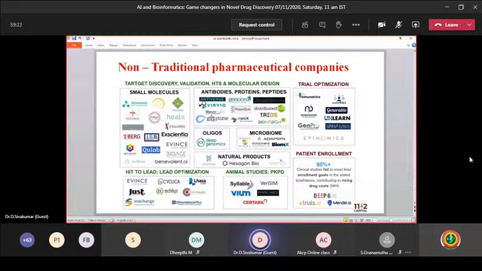And there are companies which work on antibodies and peptides, trial optimization, natural products and microbiome, hit-to-lead optimization, animal studies, PKPD, and patient data. You can see it's all covered. These non-traditional, obviously AI-based, companies are all over, and they are at different stages of the drug discovery pipeline.